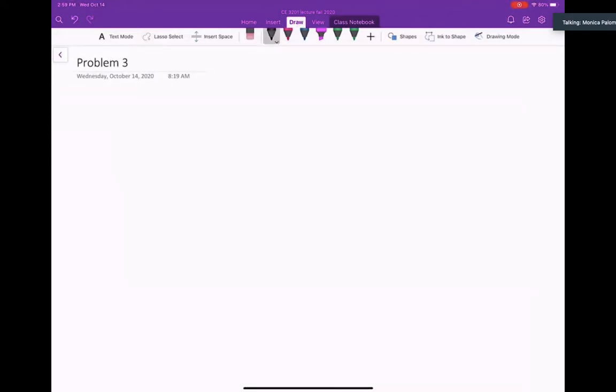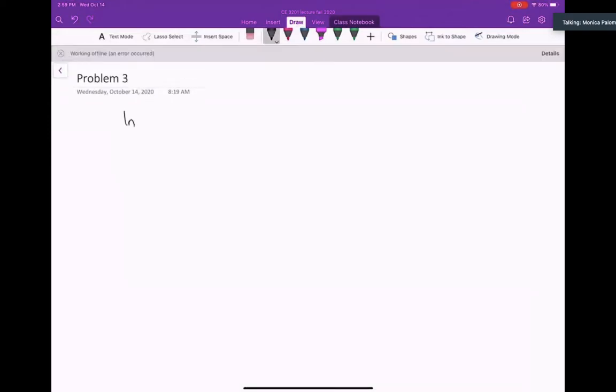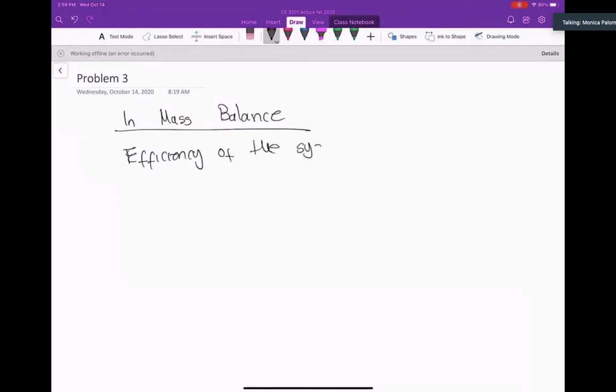So in mass balance, a problem can tell you about the efficiency of a system. What is the system? The system is, in this case, the lagoon that we are studying. So let me just bring up the lagoon, for example, right? For example, what system?